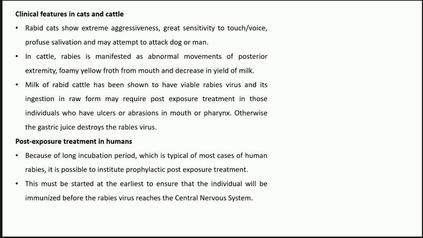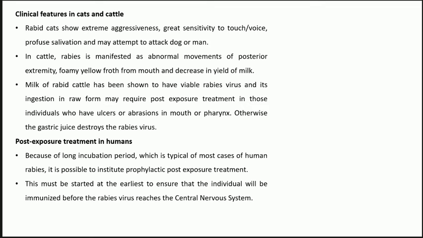Direct ingestion does not actually infect the person. Direct infection takes place through a wound, where blood mixing is important. If it enters the mouth and esophagus, it will be destroyed. No problem with that.